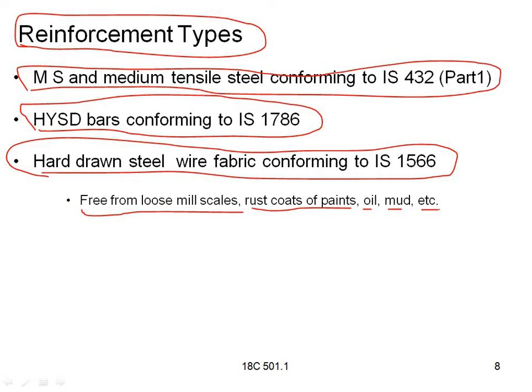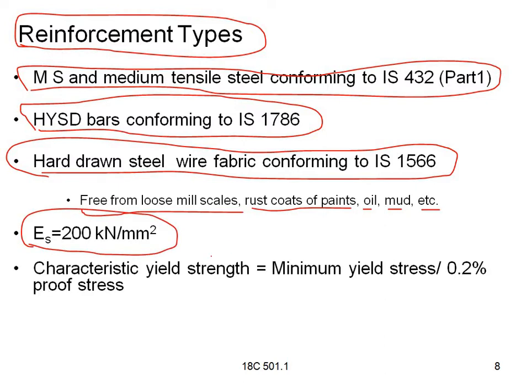It should be very clean and tidy when used in the construction. Only then will the building be strong for its lifespan. And the reinforcement steel modulus is determined as Es equal to 200 kilonewton per mm square.